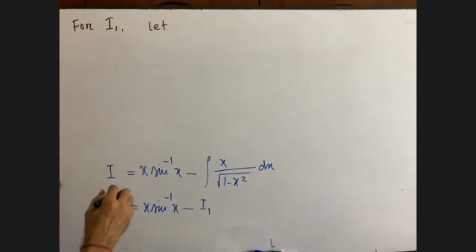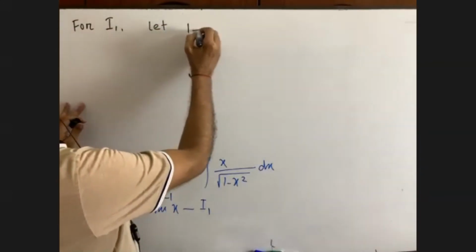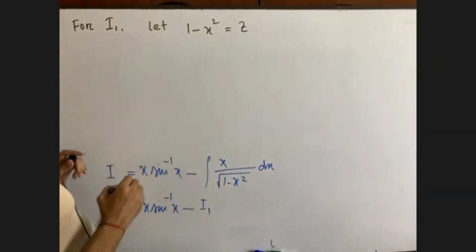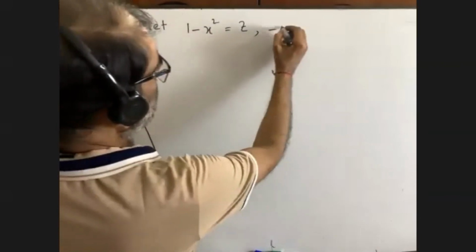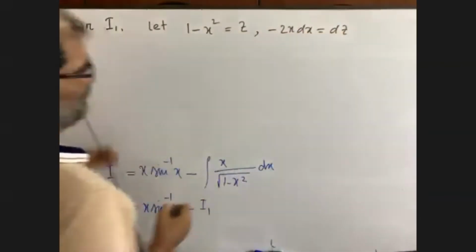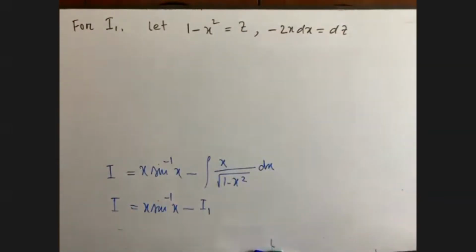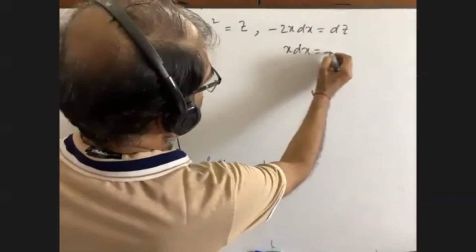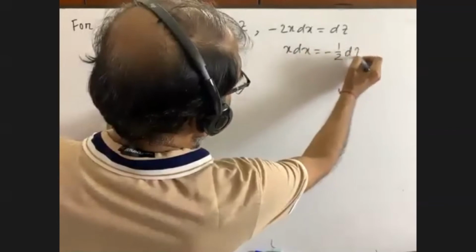Let 1 minus x square equals z. That means minus 2x dx equals dz, right? So what are we getting here? We are getting x dx equals minus half dz.